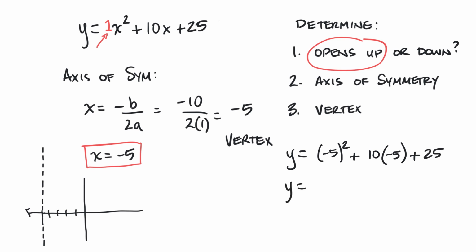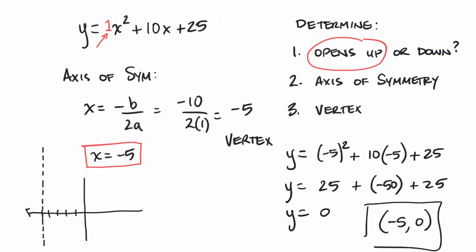So y equals 25 plus negative 50, and then plus 25. So y equals, in this case, 0. So what we have is a vertex of negative 5, 0.